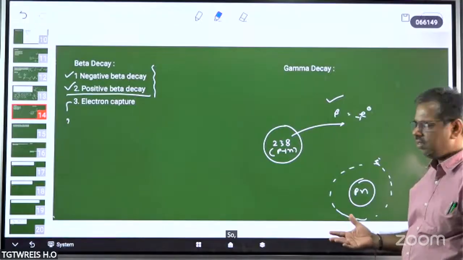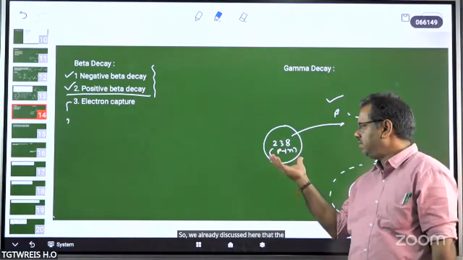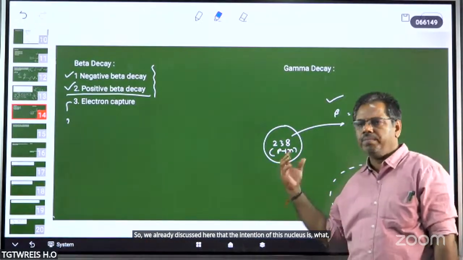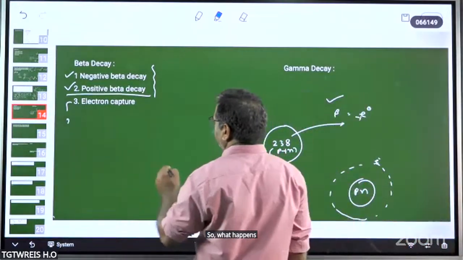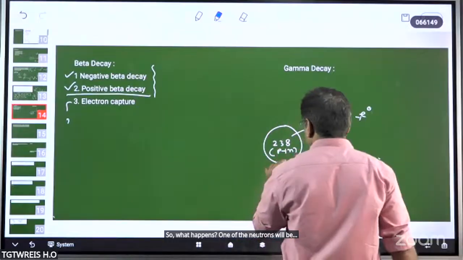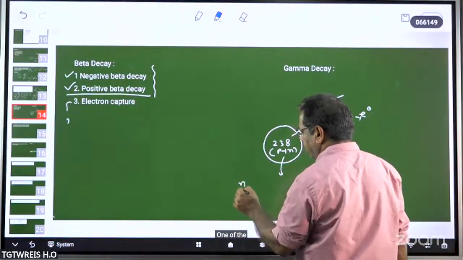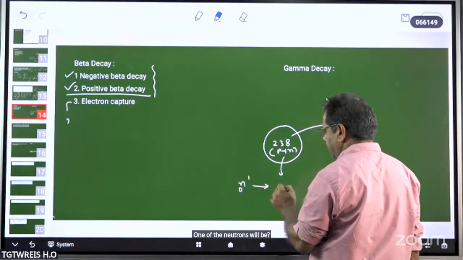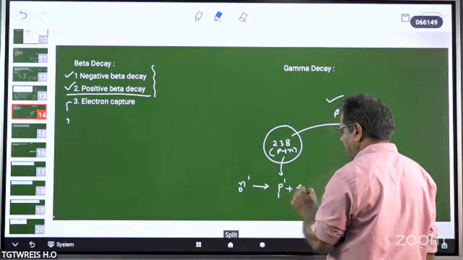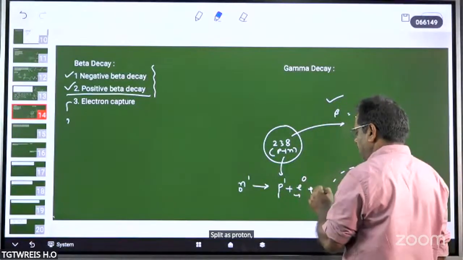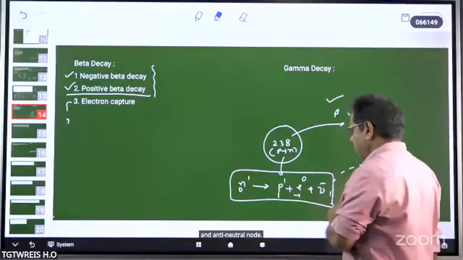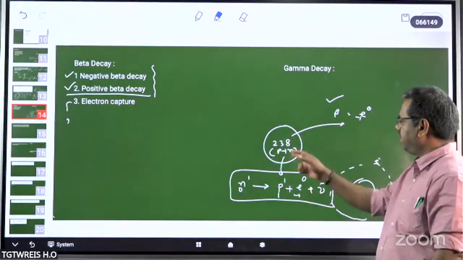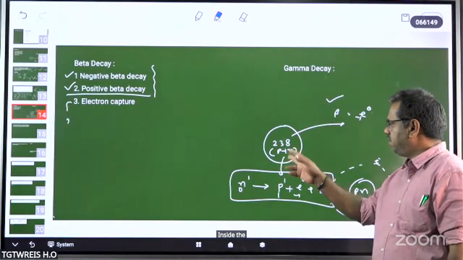So we already discussed that the intention of this nucleus is to become stable, being very, very heavy. So what happens? One of the neutrons will be split into proton, electron, and antineutrino inside the nucleus.